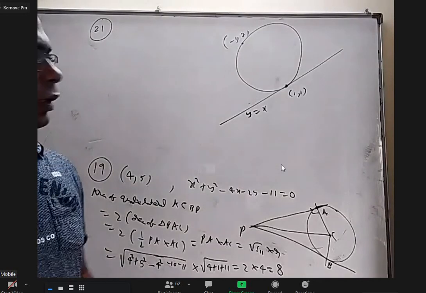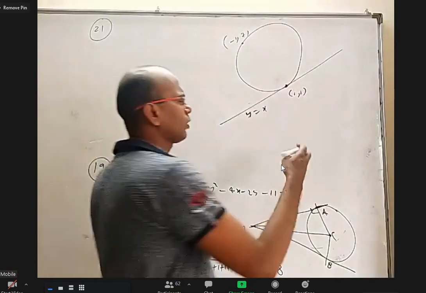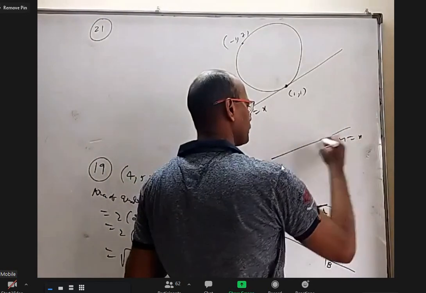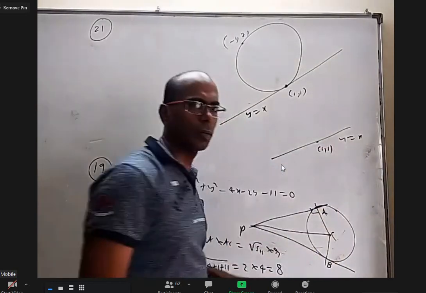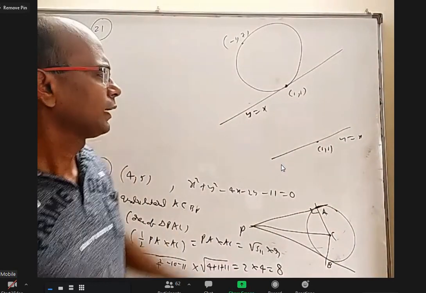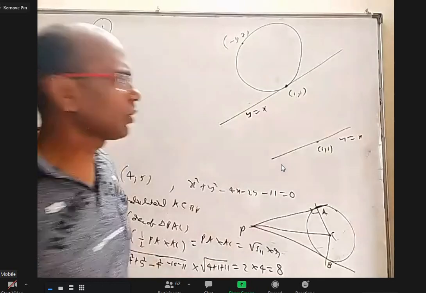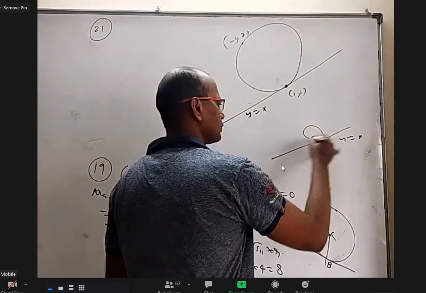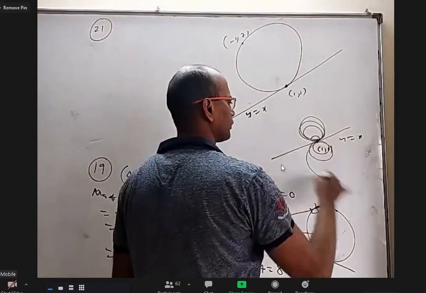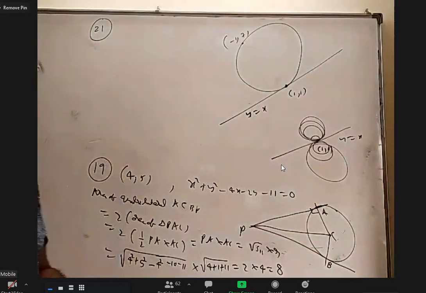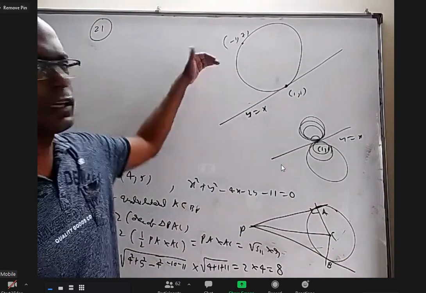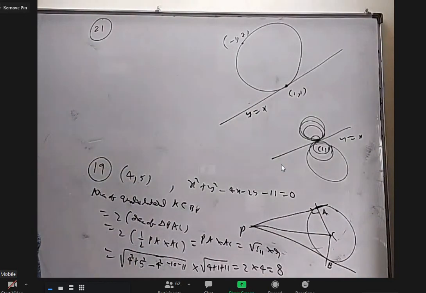They gave one line, y equal to x. One point on that is 1, 1. Touching this line at this point, there are a lot of circles like this. Among all of them, a particular circle passes through -1, 7. We want to find what that is.